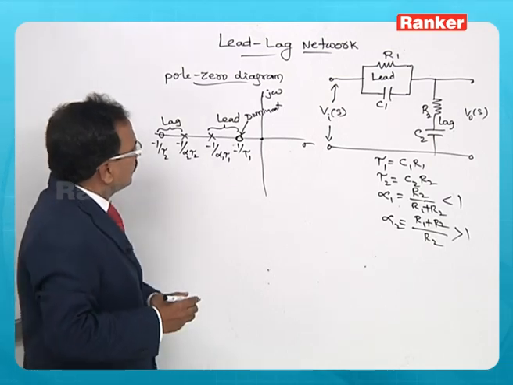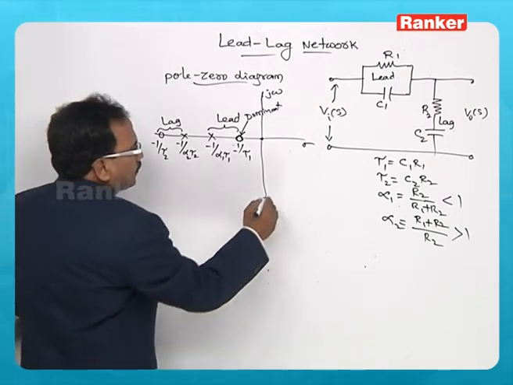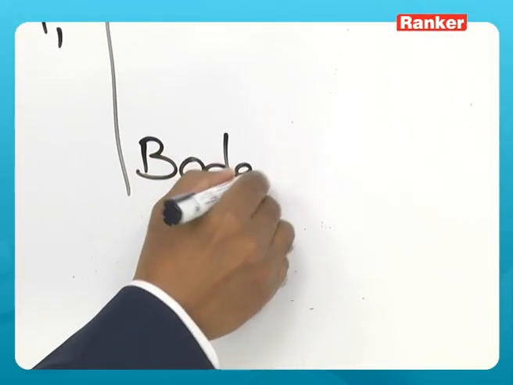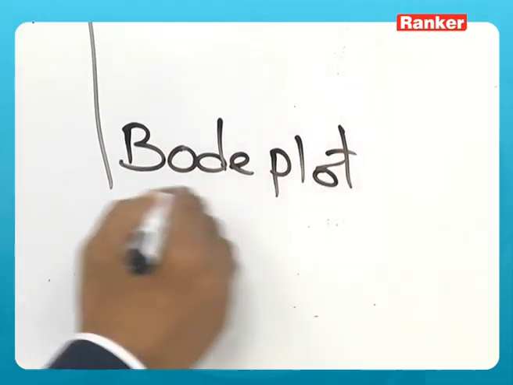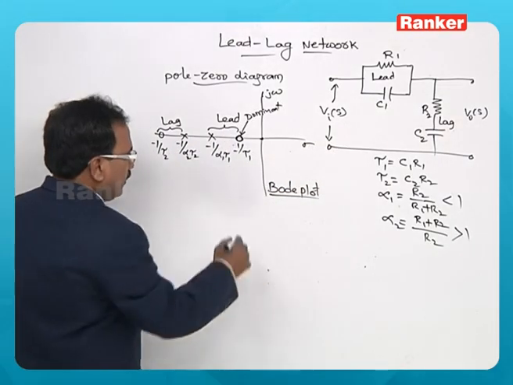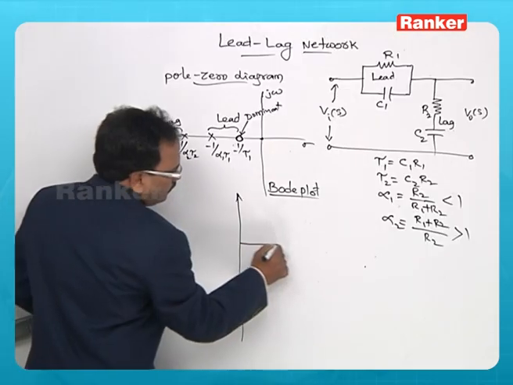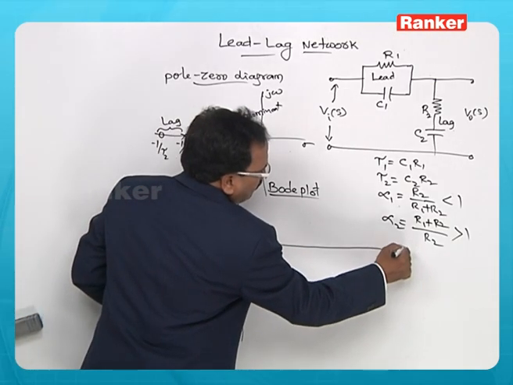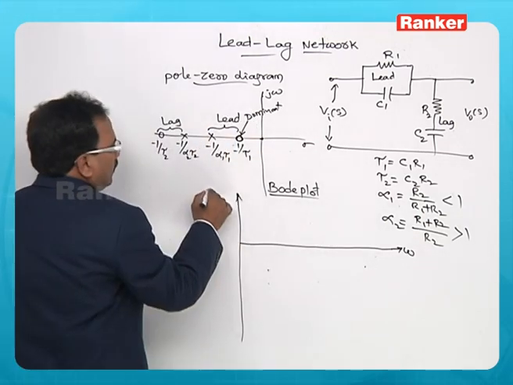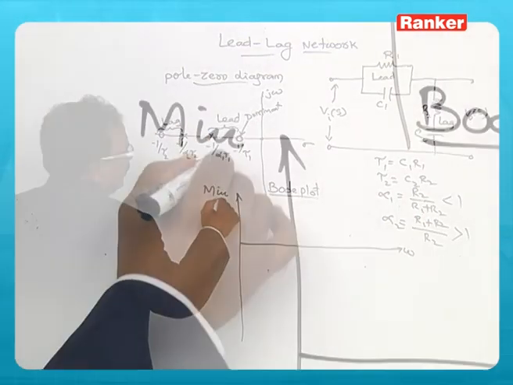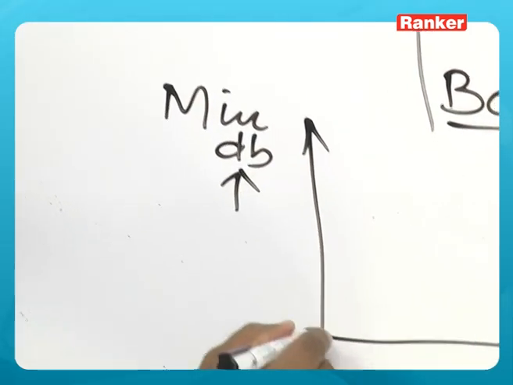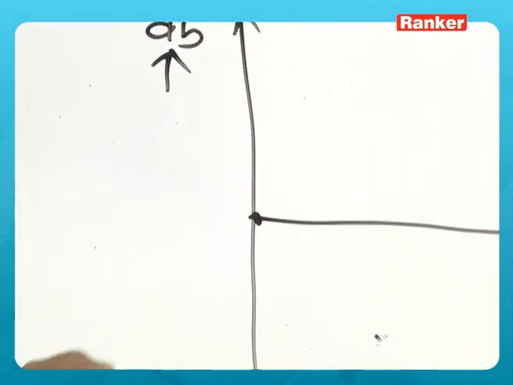Now the Bode plot, if you see the Bode plot of this lead lag network, omega, and the magnitude in decibels on a linear scale.